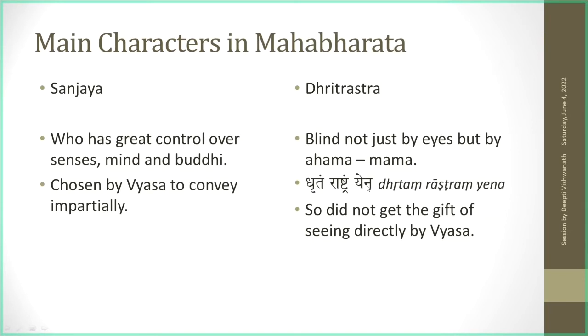He doesn't recognize this is moh. This is a perfect example of moh. Is this just attachment? No, it is far deeper than just attachment. It's wrong thinking. And wrong thinking is virtually impossible to be corrected from outside. The more you correct it, the more it holds on. Dhritam Rashtram. The more you try and give the correction, the more they will hold on. But I am right.